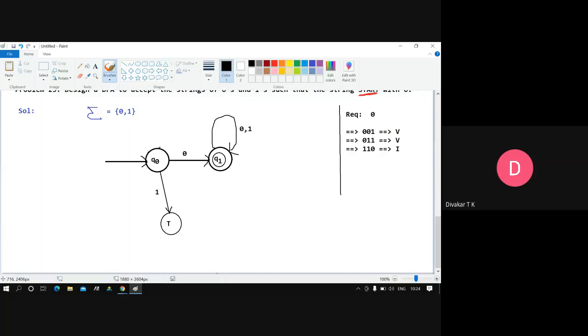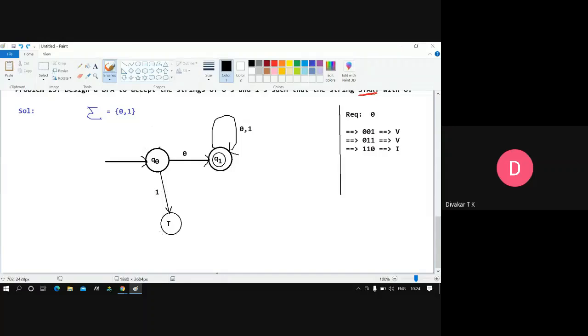Trap is also one state, and in it both symbols, 0 and 1, are not passed. Always when you are in the trap state, 0 and 1 symbols are not passed, meaning you should not try for anything.